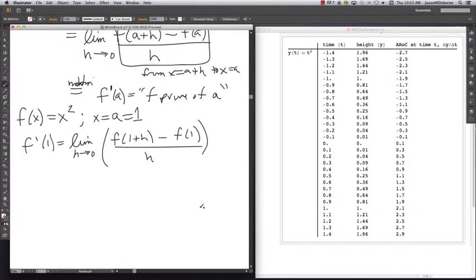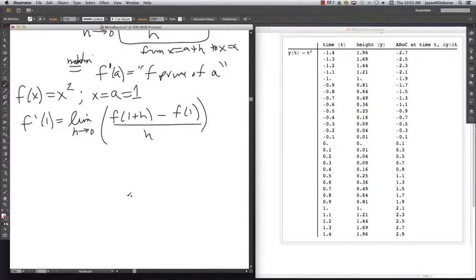Now let's see if we can take a guess here at the values. When you pick a particular h value, in this case from the table I have 0.1, the average rate of change of the function, f of 1 plus h minus f of 1 divided by h, is what we're seeing in this column right here.